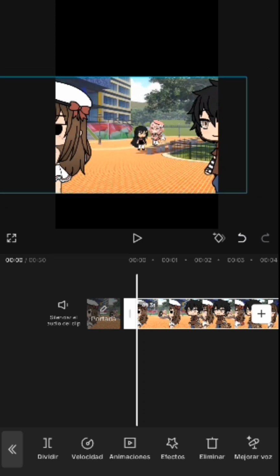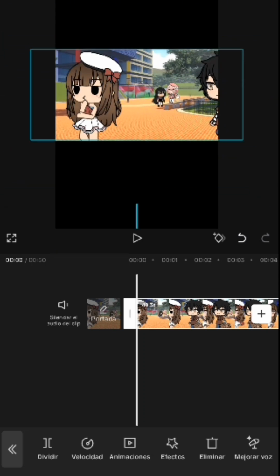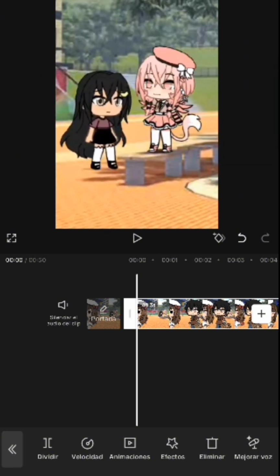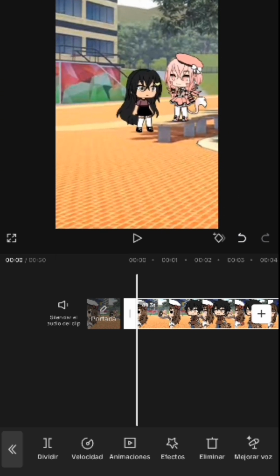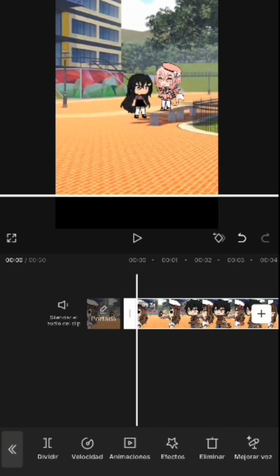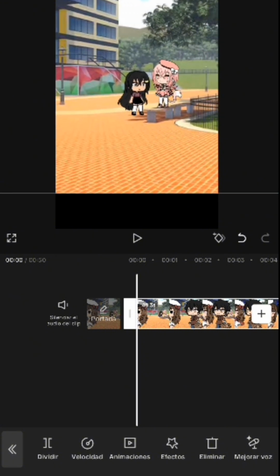When I do use the TikTok one, it will leave some space above and below, but it's better because you can actually see the video. It can depend on what the video or the scene is. You can change it to be bigger or smaller as you like.